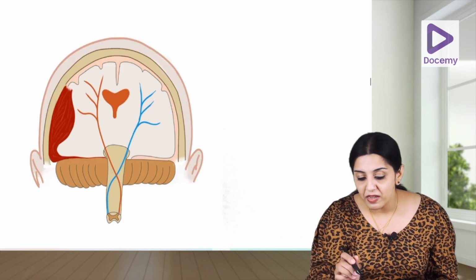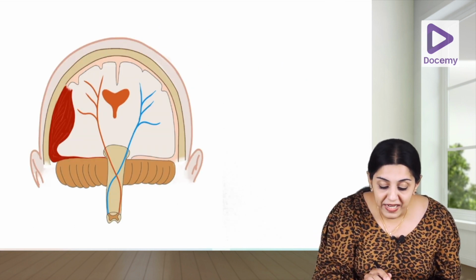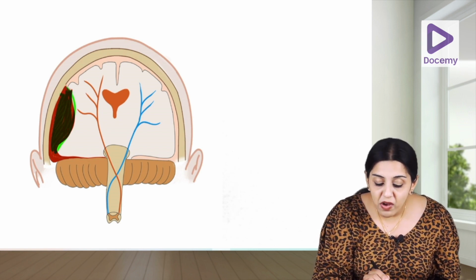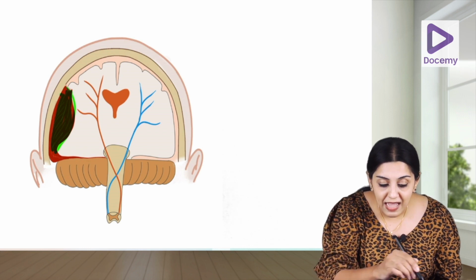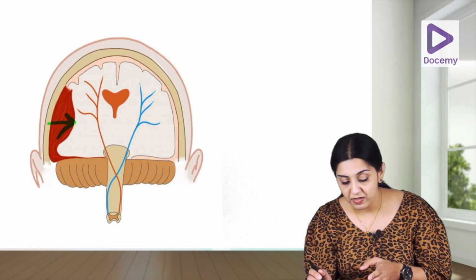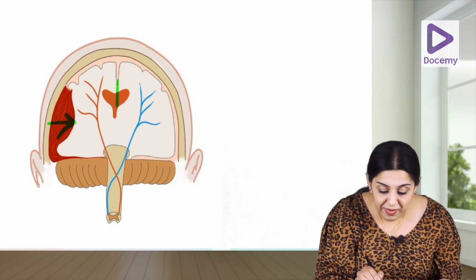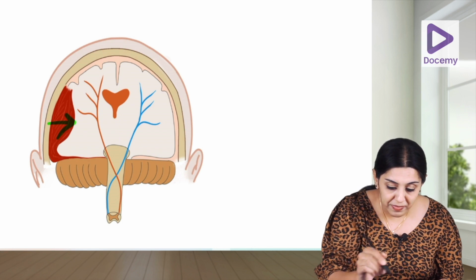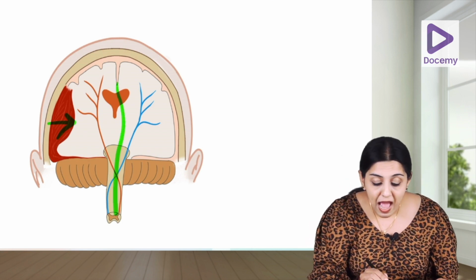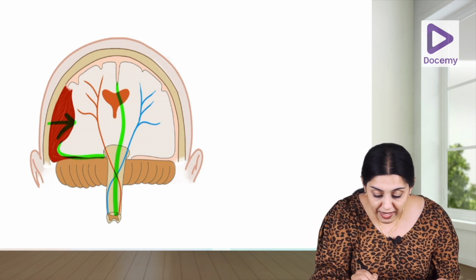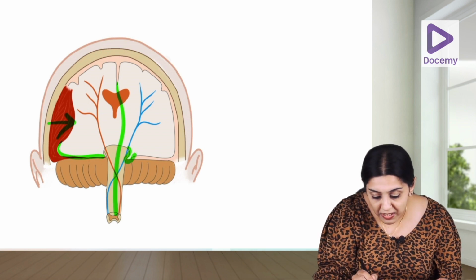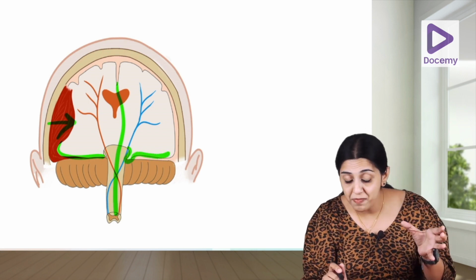Now look at this figure. Here you find that there is a bleed at this level, on one side of the brain. Now because of the bleed at this level, it is actually pushing the brain to the opposite side. So this is supposed to be the midline, but now the midline will become like this because the brain is being pushed, and this is supposed to be the outline of the brain, but now it is being pushed here because of the expanding bleed.